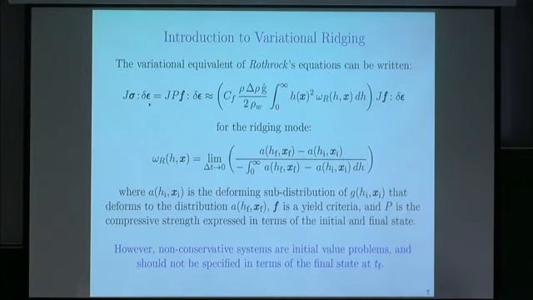If we make that simplification, we're able to represent the change in potential energy quite easily using this ridging mode, and also the compressive strength of ice. This term I'm circling here is in fact just P, the compressive strength of sea ice. And we've got our CF parameter here, which we're going to set to 17. This is the difference in the water and ice density.